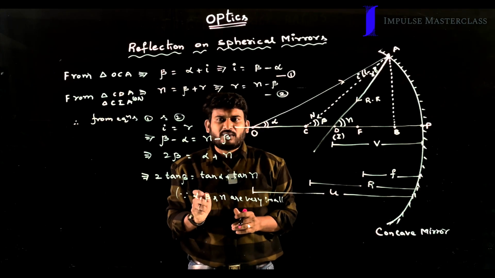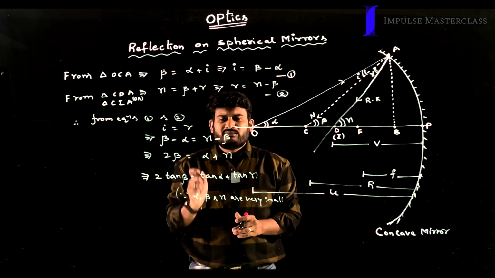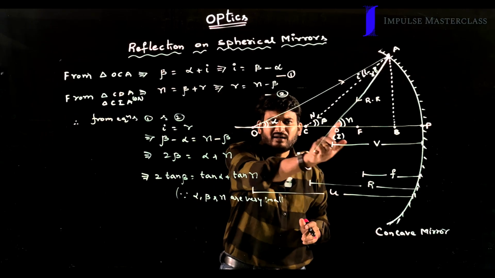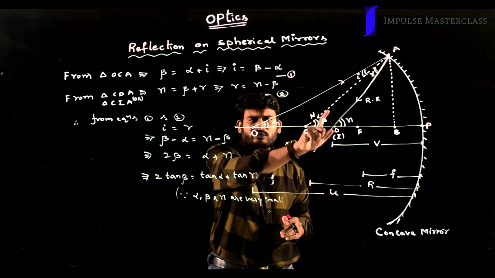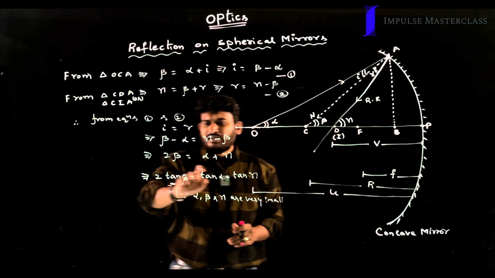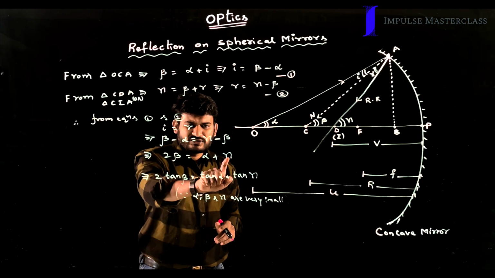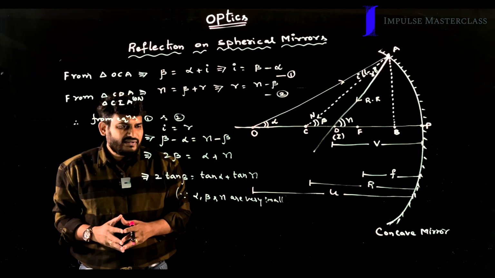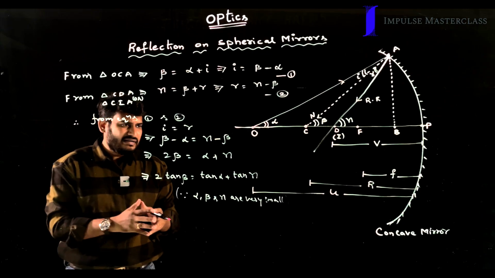If theta is very small, according to the property, tan theta is equal to theta. So alpha, beta, gamma, all three angles are very small. So tan alpha is equal to alpha, tan beta is equal to beta, tan gamma is equal to gamma. That's why instead of beta I wrote tan beta, instead of alpha I wrote tan alpha, and instead of gamma I considered tan gamma. So I got 2 tan beta is equal to tan alpha plus tan gamma.